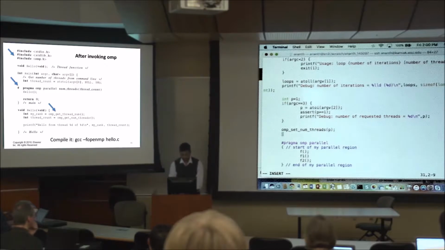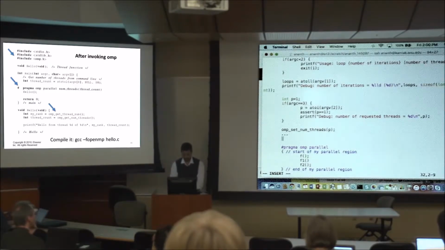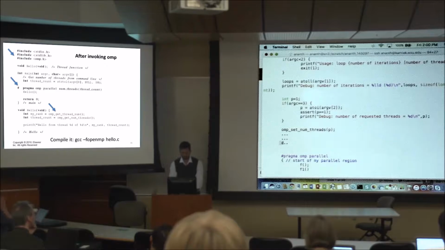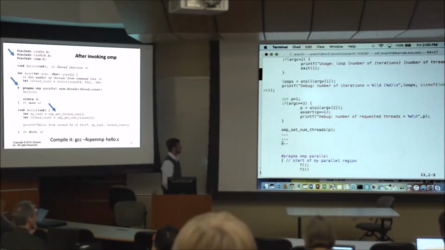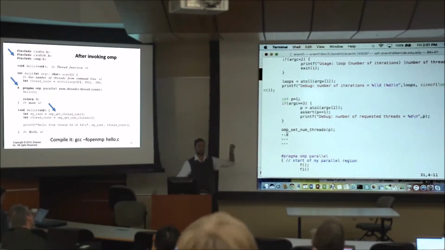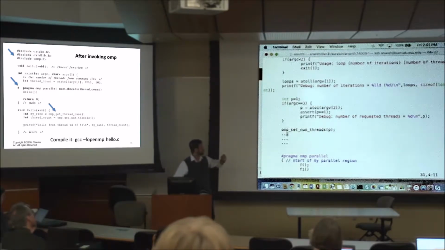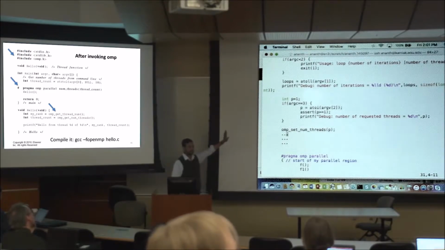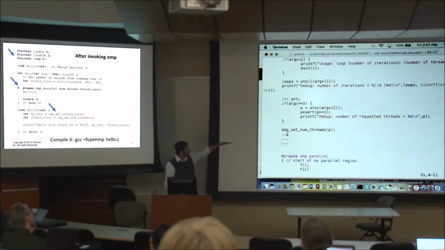So if I have some other lines of code here, by the way, none of this code will compile now, but that's okay. What I've done here is I've set the number of threads in anticipation that there will be a parallel region in the future, and at that time I want to use this many threads. It's like a global setting right now. So I don't have to worry about where I set it as long as I do it sometime before. It gives me flexibility there, but it will be active until the time I reset it or change it to a different value.